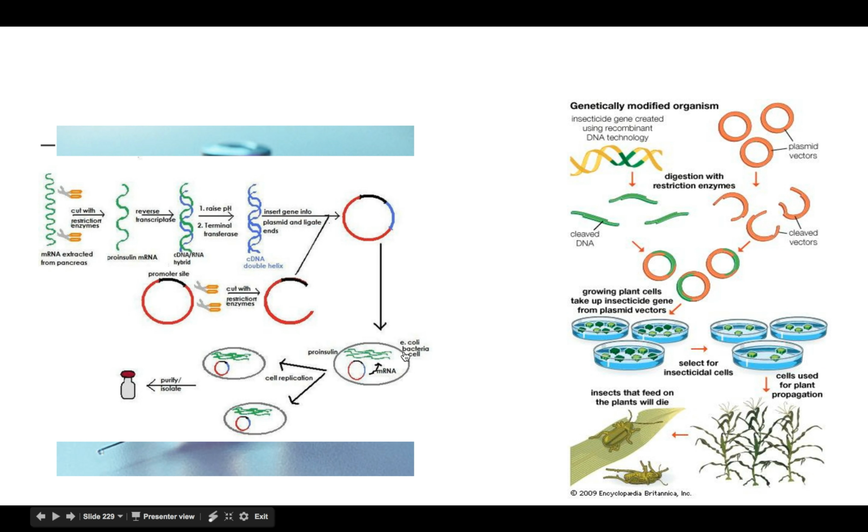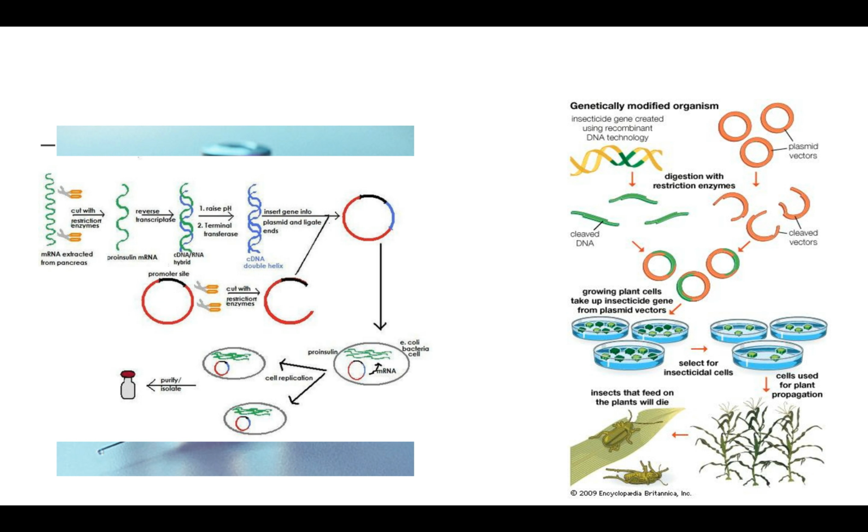That is inserted into a bacterial cell, which is then able to reproduce over and over again. As we know, bacteria reproduce very quickly. Then they are able to purify and isolate the insulin and turn it into the injectable form so that diabetics are able to use it.